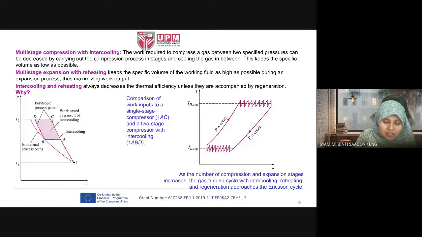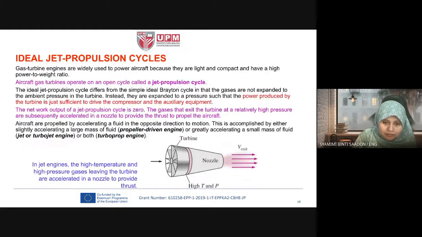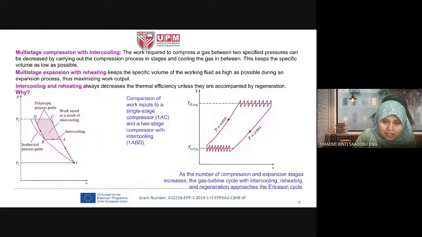We can maximize the work output by reheating back the working fluid and expanding it again, multi-stage expansion. So if we look here, as the number of compression and expansion stages increases, the gas turbine cycle with intercooling, reheating, and regeneration approaches the Ericsson cycle.